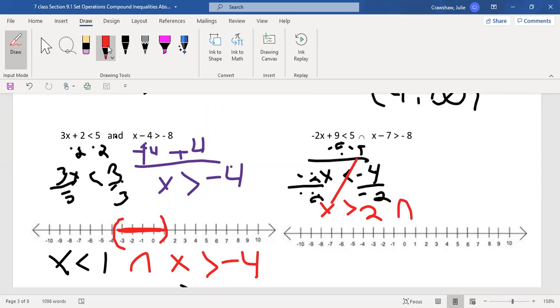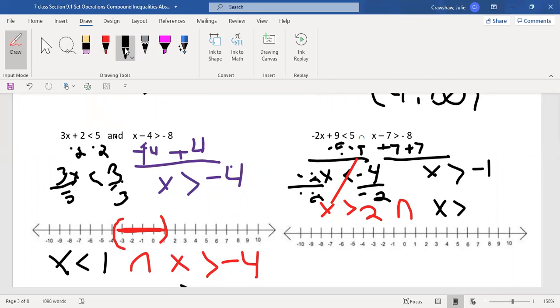And now I want to find the intersection. And over here, I'm just going to add 7 to both sides. So I have x is greater than -1. So I'm trying to determine what numbers are greater than 2 and at the same time greater than -1.